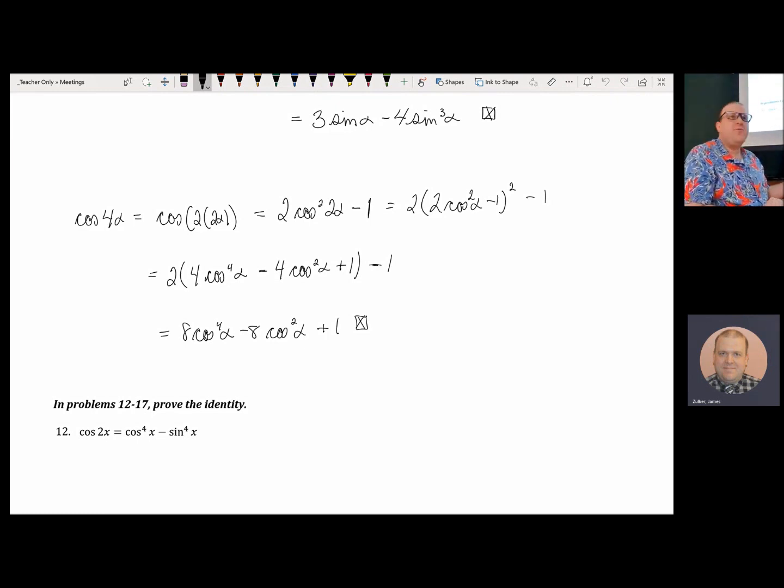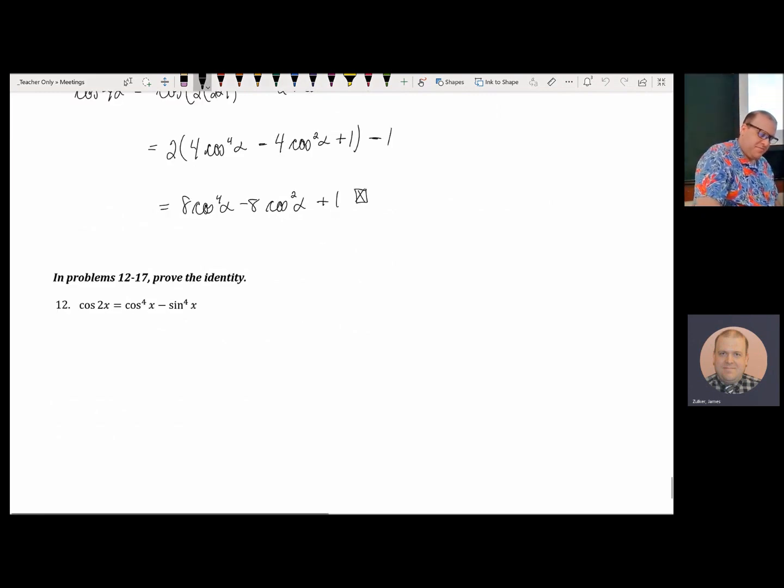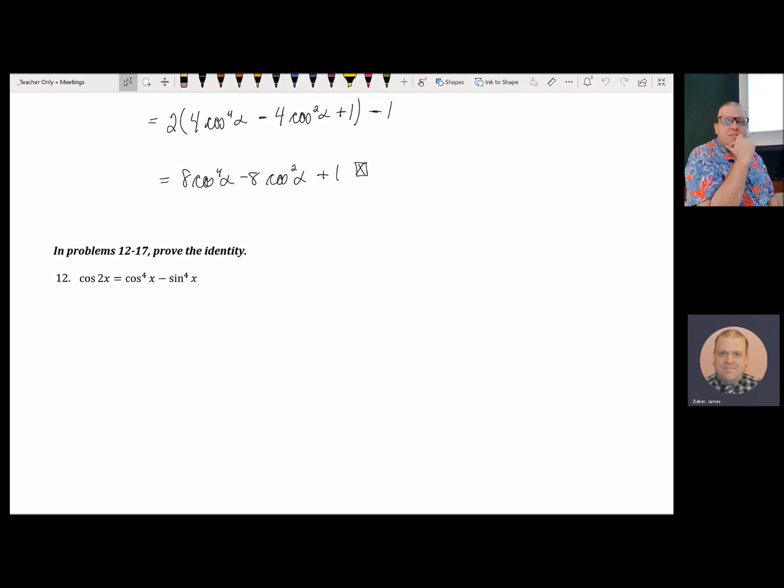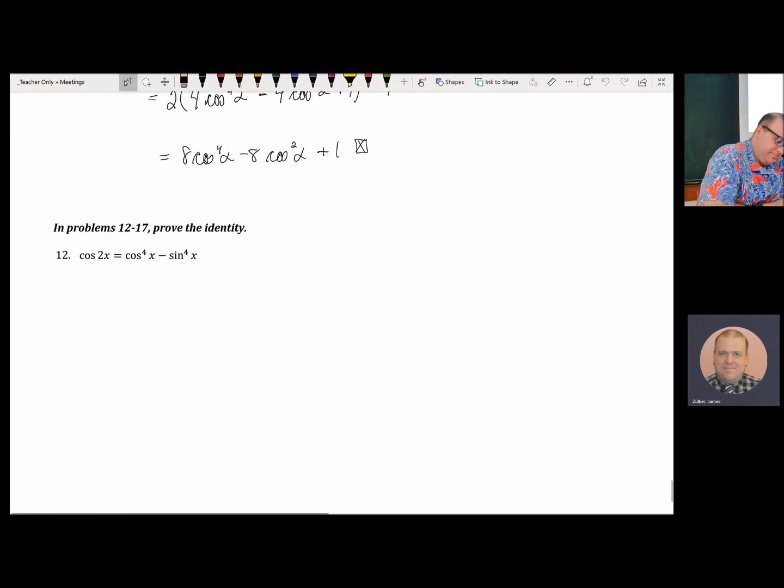And we get to finish up by proving even more identities. I want to prove cosine of 2x is equal to cosine to the fourth minus sine to the fourth. Well, we know that cosine of 2x is cosine squared minus sine squared, right?